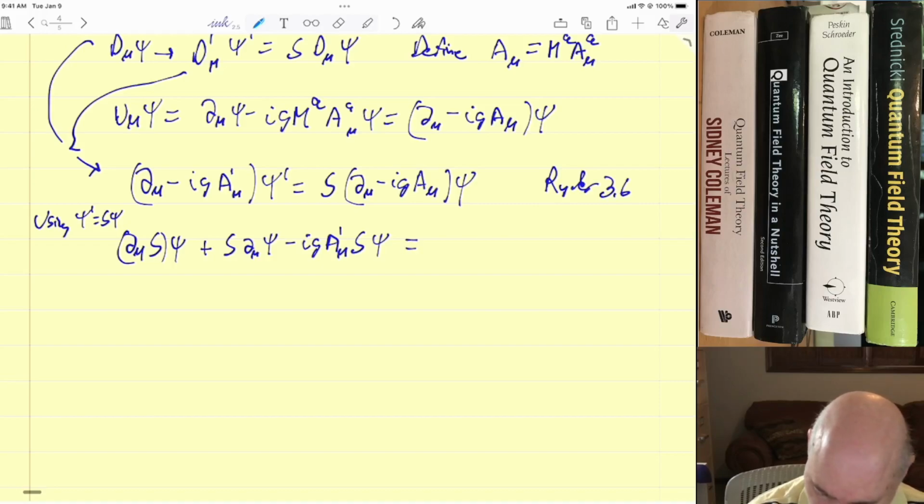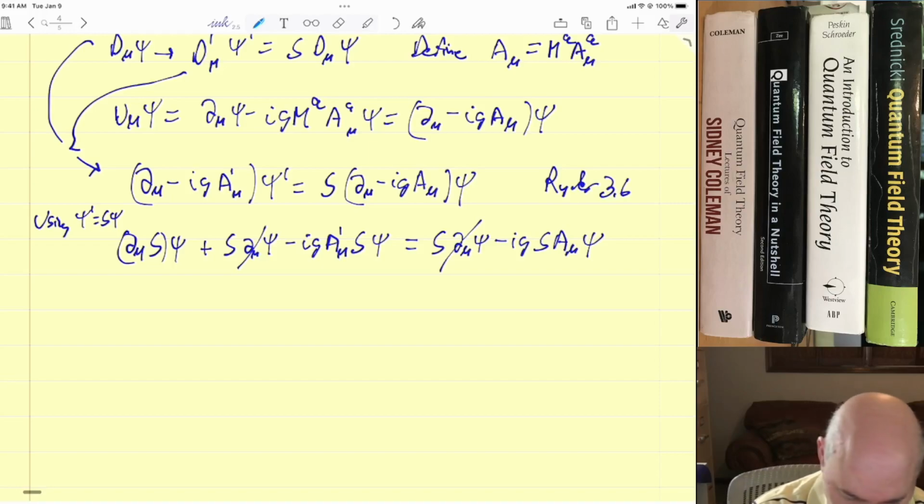And this is equal to S the partial mu psi minus i g S A_mu psi. So this term cancels right off the bat. And we're left with all these things on psi. We can sort of cancel that, understood that everything will be acting on psi. So let's get rid of that.